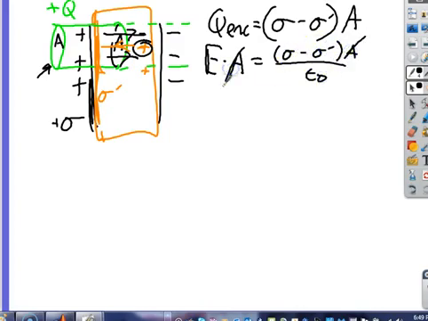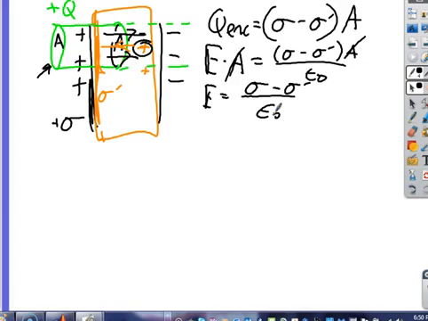The A's go away, which is very nice. So my electric field strength is equal to sigma minus sigma prime divided by epsilon naught. Again, I have a smaller electric field than I would expect given the amount of charge stored on those plates, given the charge density there.